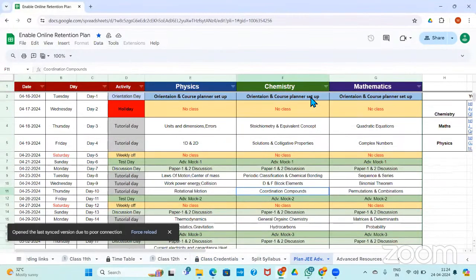Tomorrow's topic is coordination compounds, so go through coordination compounds and come back. Friday you'll be writing the mock test, and the paper discussion will be held on Sunday.